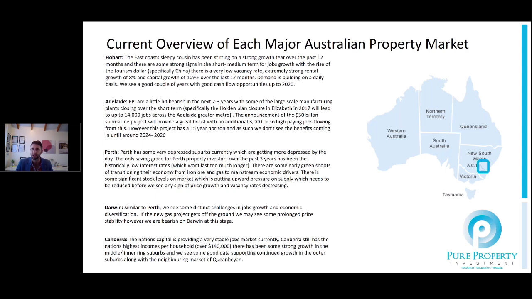We're still able to chase 4.5-ish% gross yields, so not horrible yields, but good, strong, consistent growth is what I see coming out of that ACT market over the next 3 to 5 years. But possibly not the apartment or townhouse markets in the inner city. I think there's probably a bit too much stock coming to that market, as there has been over the last few years.